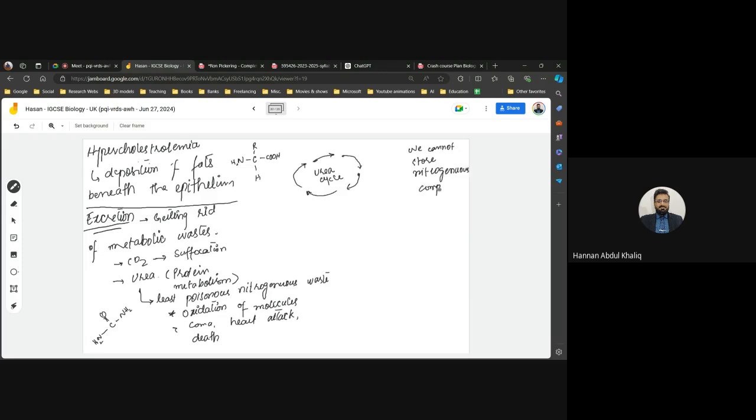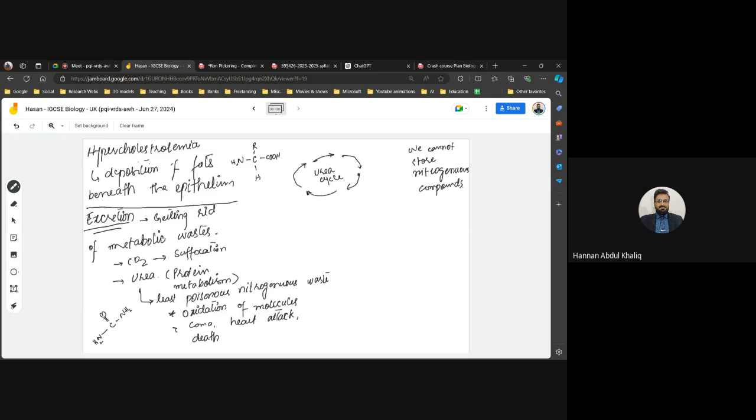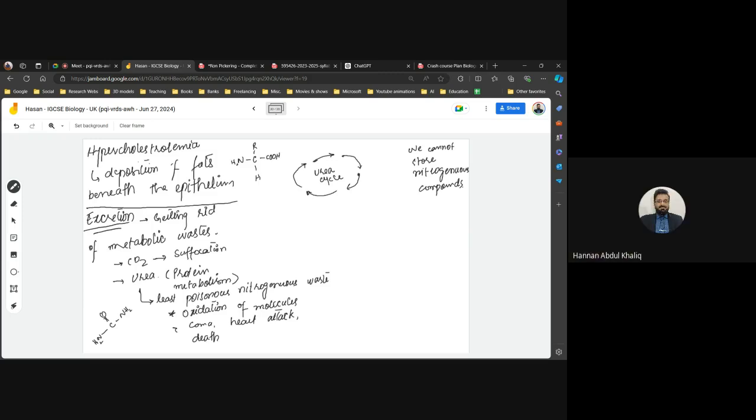We can store fats in our body. Can we store carbohydrates? Yes. But we cannot store nitrogenous compounds. We cannot store amino acids as amino acids. We have to get rid of the amine group.